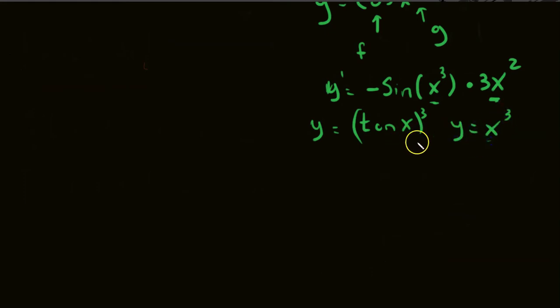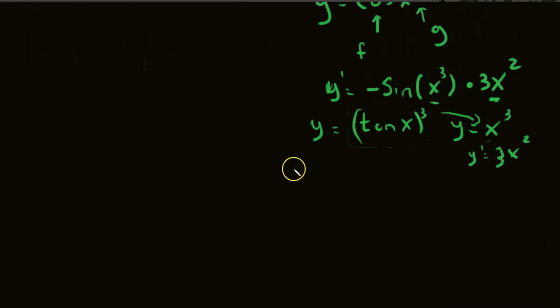Where the x's are tan x. So to differentiate something like this, you bring the 3 in front, and you subtract 1 from the exponent. So that's one function right here. This whole expression here, tan x all to the power of cubed, the rule we're going to have to use is this one here. Bring the 3 to the front, subtract 1 from it, and then we also have the inside, which is just simply tan x by itself.